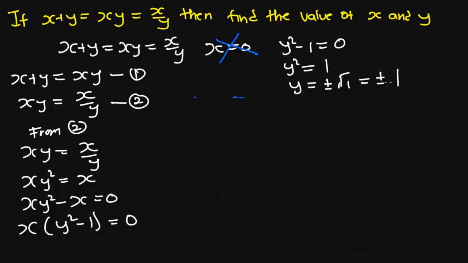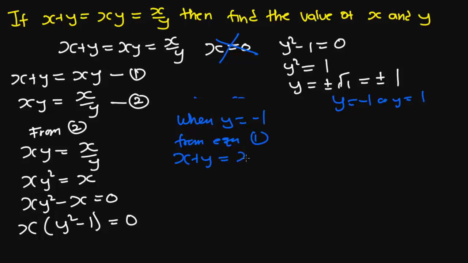Now let's consider when y is equal to negative 1. Here we can have y equal to negative 1 or y equal to 1. So let's consider when y is equal to negative 1. Then from equation 1, we are given x plus y is equal to xy.